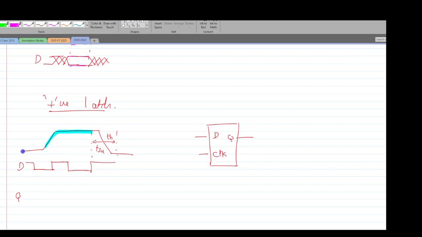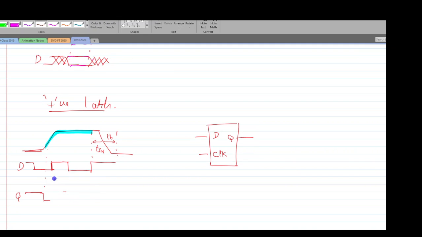Throughout this entire zone, when the clock is at 0, I'll be holding some previous data, and then later I'll read in this data input at this particular point, and then the data keeps changing, due to which the output also keeps changing, but certainly there is a delay between this edge and the output Q edge.